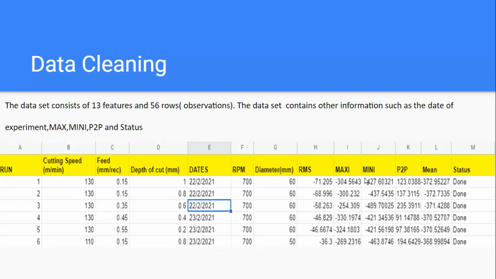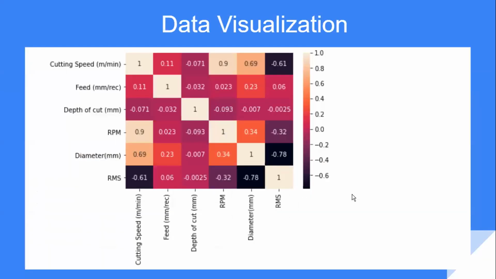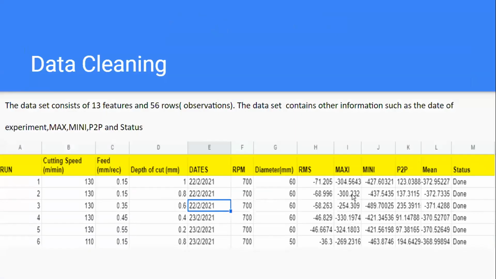After dropping and cleaning the data, there were some observations where the data was written as cache profit failure, and I replaced those with 0. After cleaning the whole data, I was left with 56 rows and 6 columns, out of which 5 are taken as the input, and the final column, the RMS data, which is also the vibration data, is taken as the output.